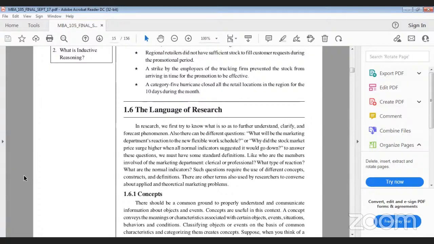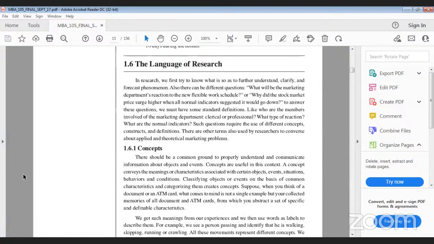Such questions require the use of different concepts, constructs and definitions. There are other terms also used by researchers to converse about applied and theoretical marketing problems.